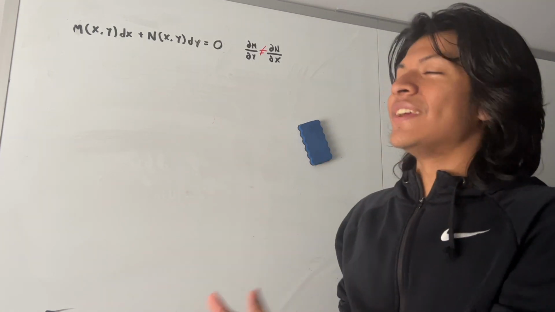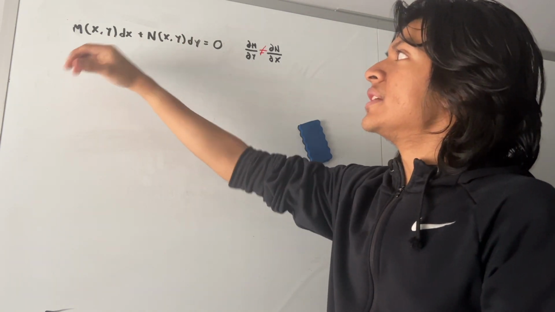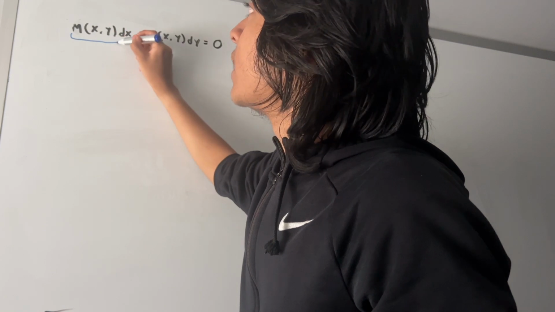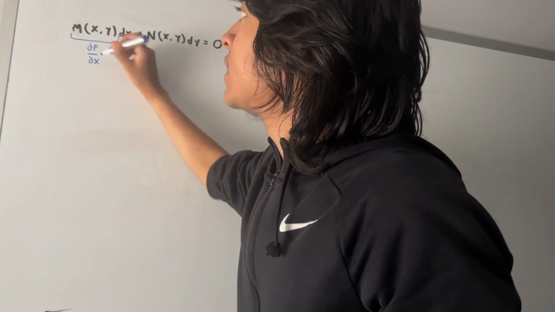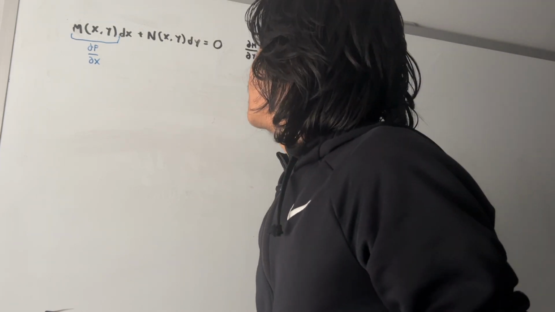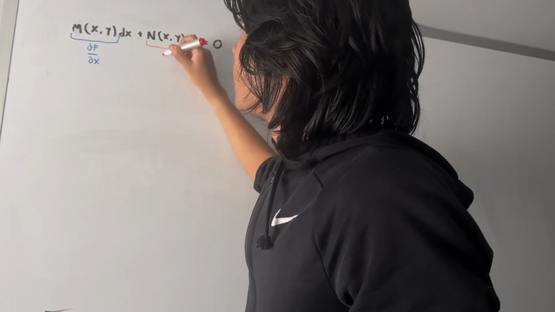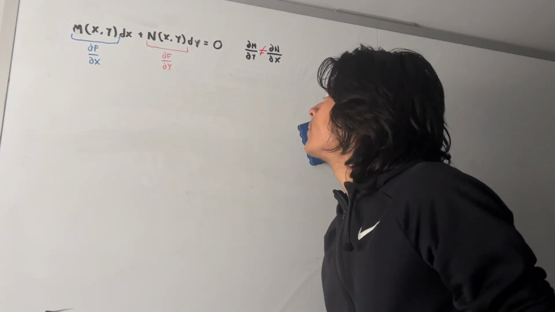But yeah. So let's say we had a function in this form where, as you may know, M of x,y here is just the derivative of f with respect to x, and N of x,y is just the derivative of f with respect to y.